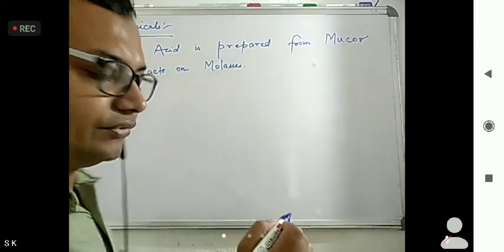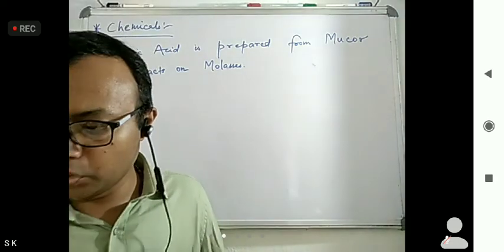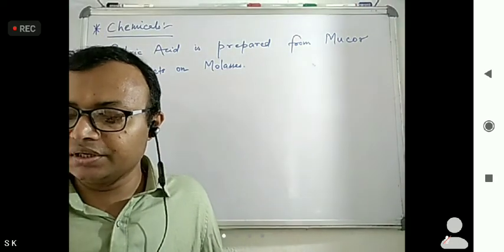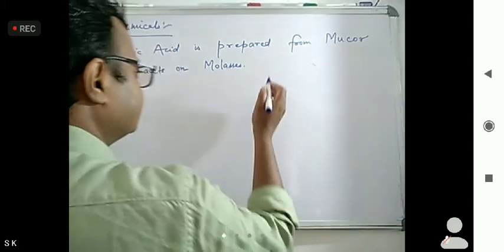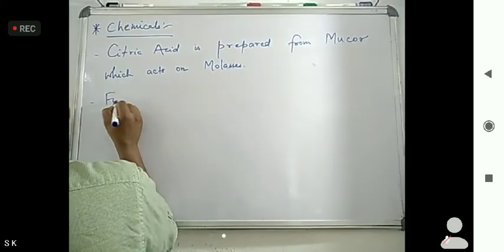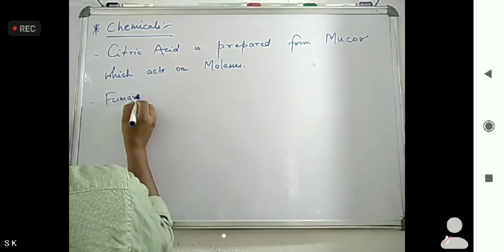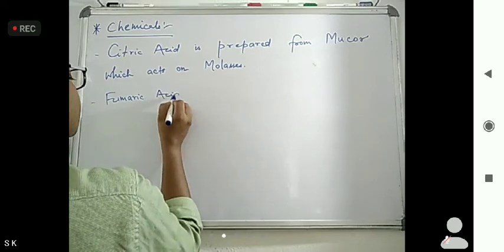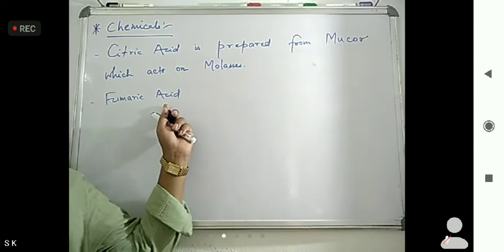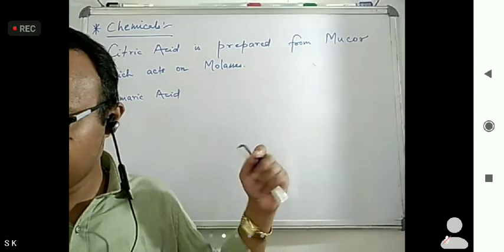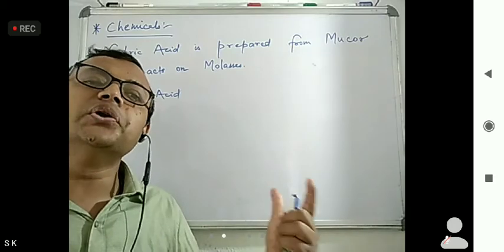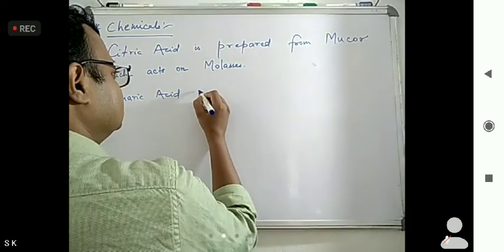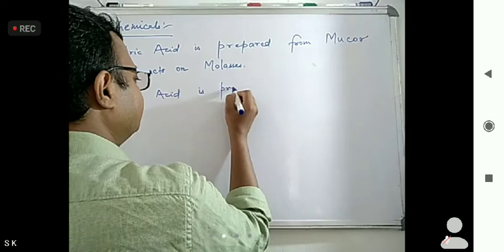Okay, that acts on molasses. If we are seeing fumaric acid, now this fumaric acid is prepared from what?